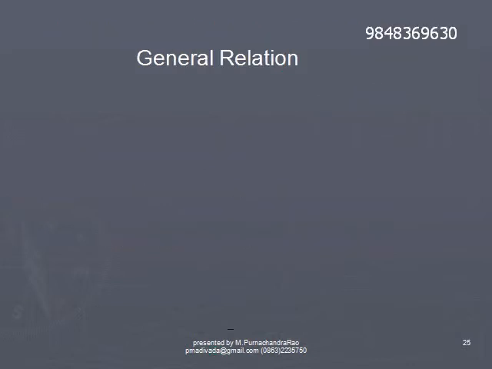The general relation for Doppler effect is given as follows. N double prime is equal to v plus or minus w plus or minus v naught divided by v plus or minus w plus or minus vs whole multiplied by n.